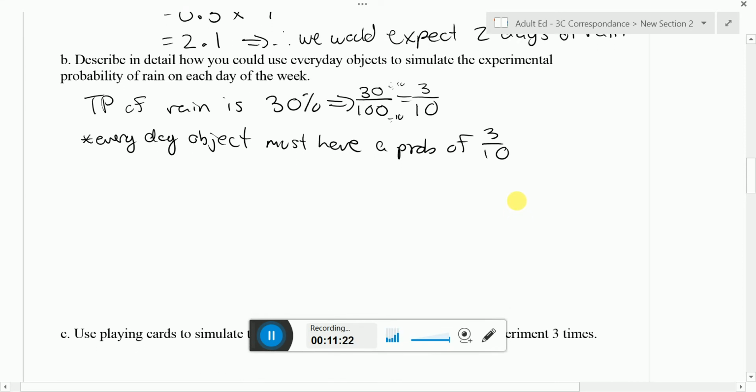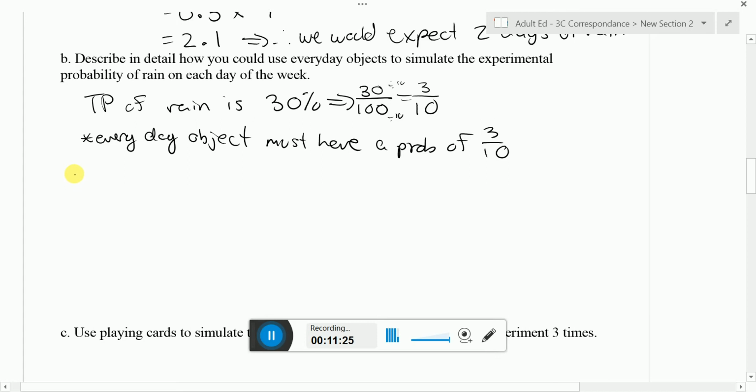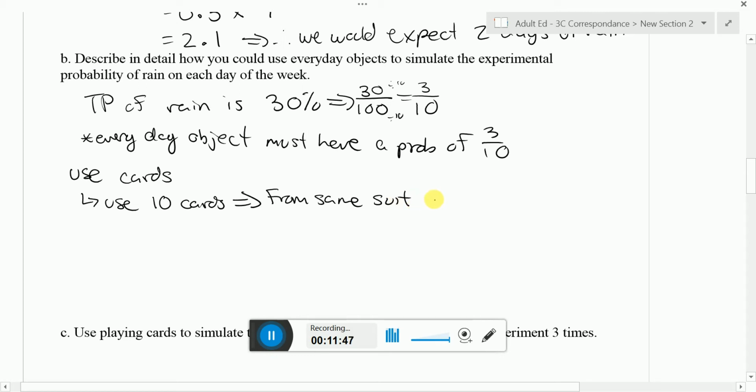Now, what we could do, for example, is use playing cards. If we use cards, there are different ways you can do this. We're going to use 10 cards. Those 10 cards are going to be from the same suit, and they're going to be the Jack, Queen, King, and then Ace, 2, 7.